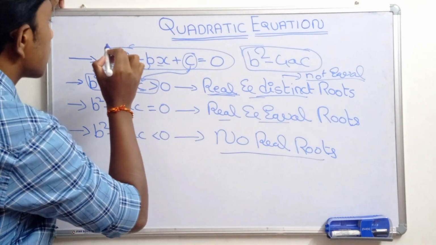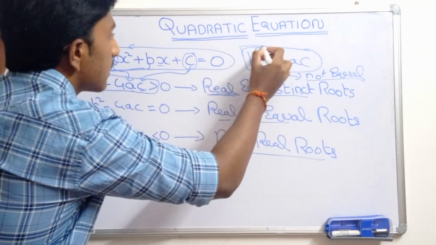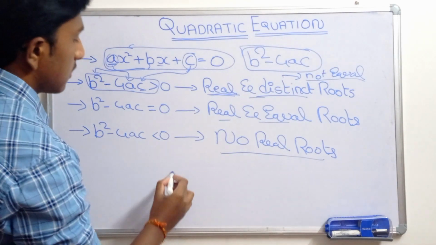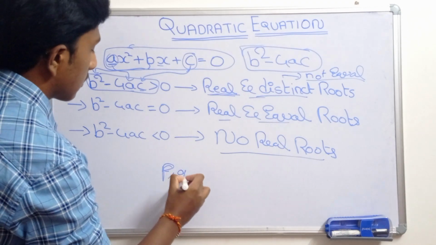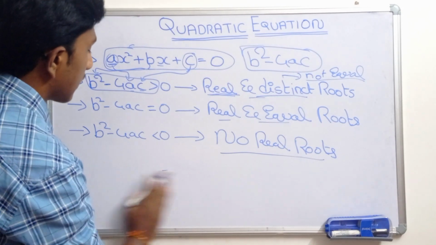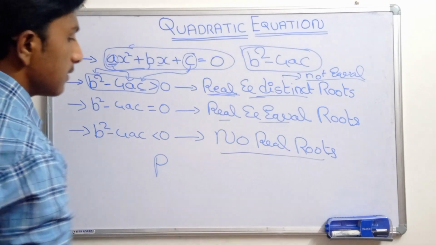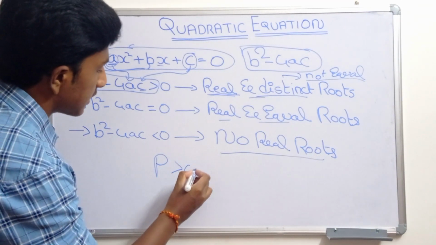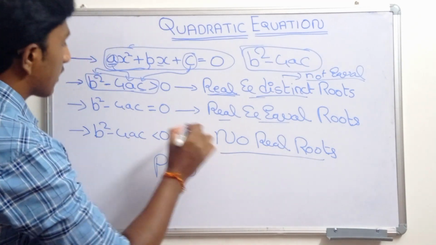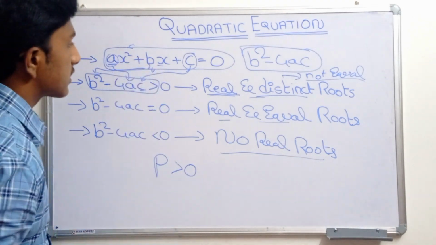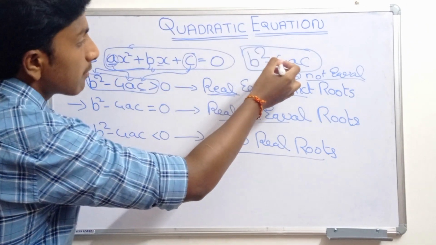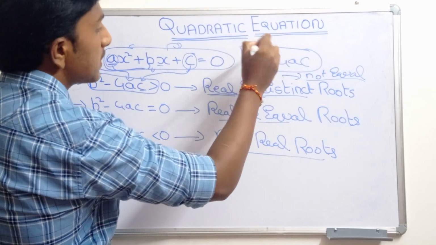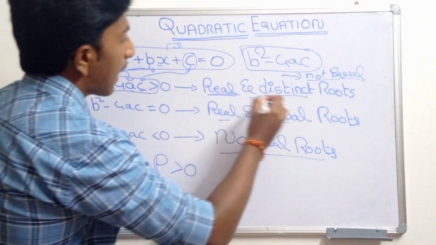When you substitute them in the formula b square minus 4ac, you will get some value. Let's consider it as p. If p is greater than 0, that means the quadratic equation has real and distinct roots.